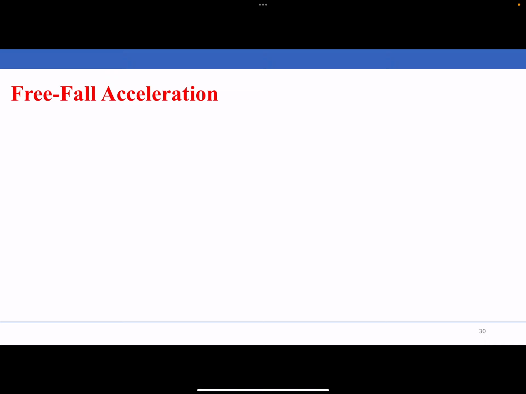So in that case, the equations that we had previously for 1D motion on a straight line with constant acceleration, let me remind you what those equations were. We had final velocity is initial velocity plus acceleration times time. Delta x is initial velocity times time plus 1/2 acceleration times time squared.